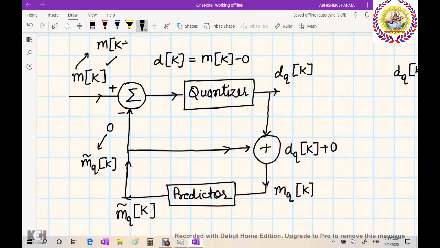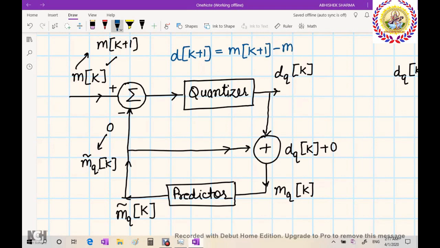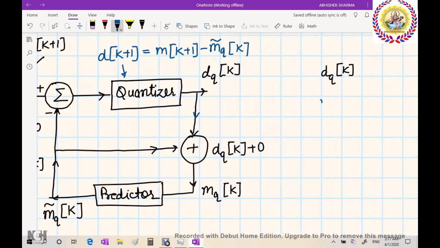of k plus 1. Now at this point the difference will be dk plus 1. Then dk plus 1 will be m of k plus 1 minus mqk. Now this will again come to this point. So for the second sample, the quantizer will quantize dk plus 1, and the next difference will be available at the output of the transmitter, which will be dqk plus 1.